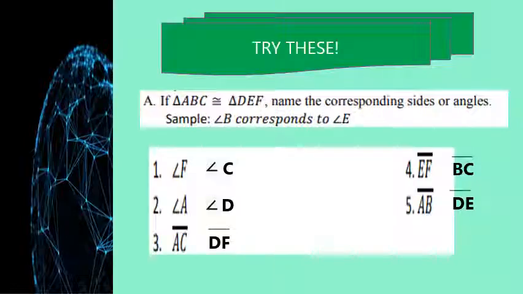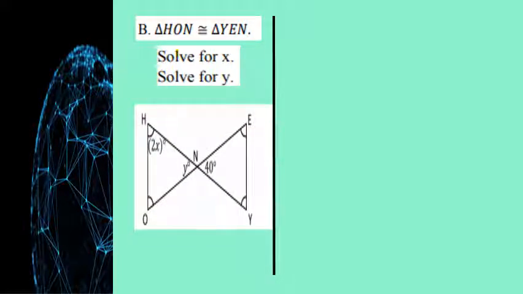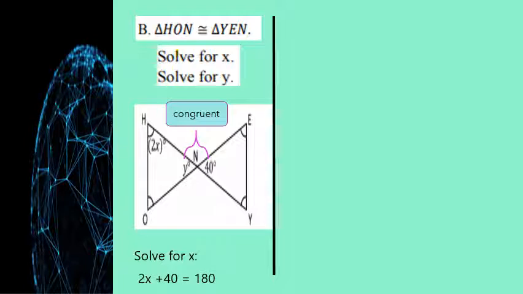Let's go on. Let's have letter B, triangle HON congruent to triangle YAM. Solve for x, solve for y. So let's have this one. This is the figure. Now solve for x. This is congruent, so therefore those are the same angles. So let's have 2x plus 40 equals 180 degrees.